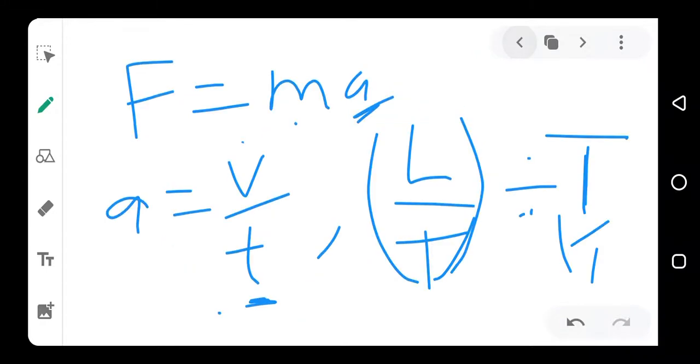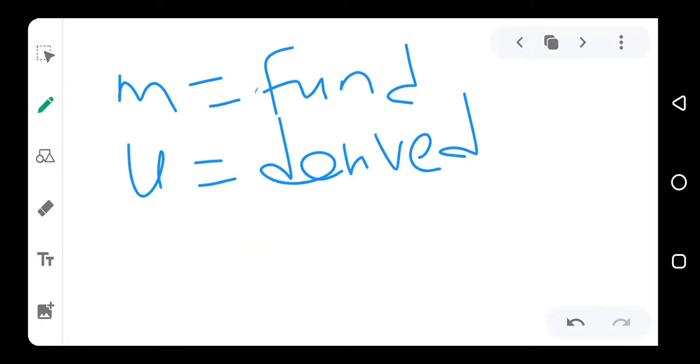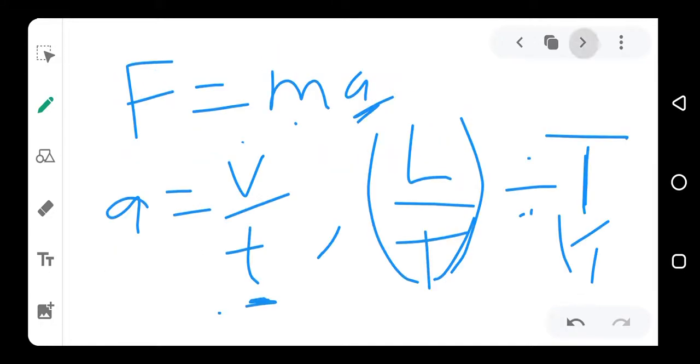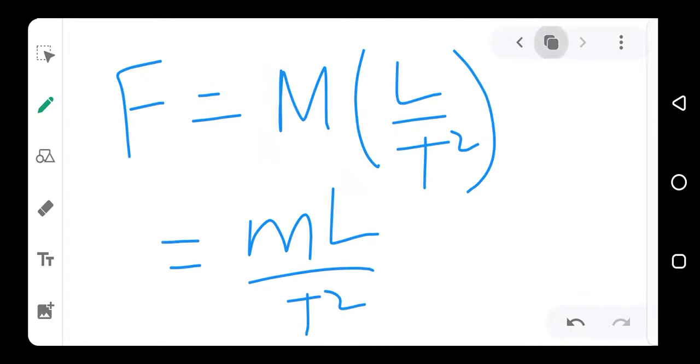Then we look for the dimension for velocity. Final velocity: velocity is length over time, like I've described before.